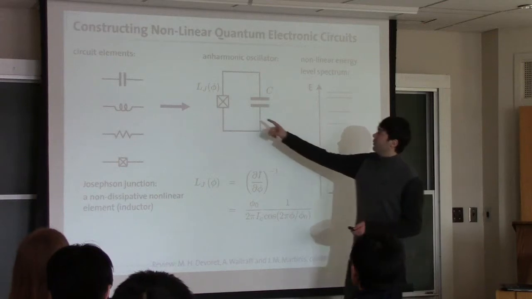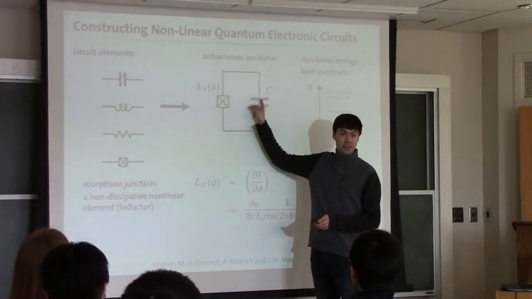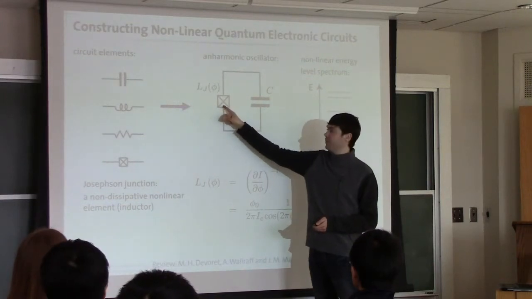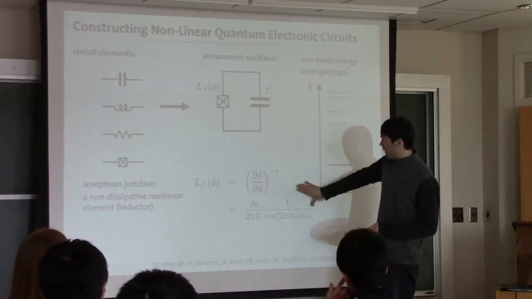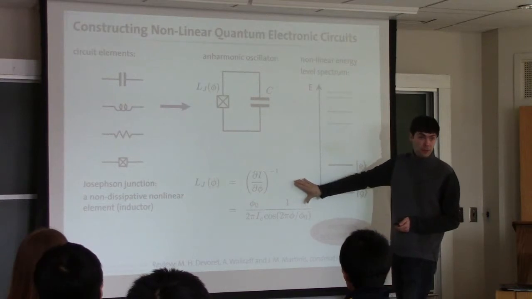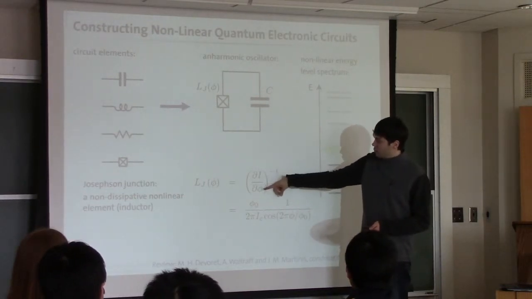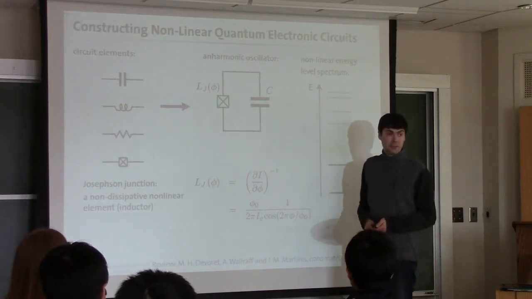So now replace the inductor in this LC resonator with a Josephson inductor, with a Josephson junction. Here is a more rigorous formula, by the way, for the Josephson inductance. This one has the cosine, and this is what you have to do in terms of phase.